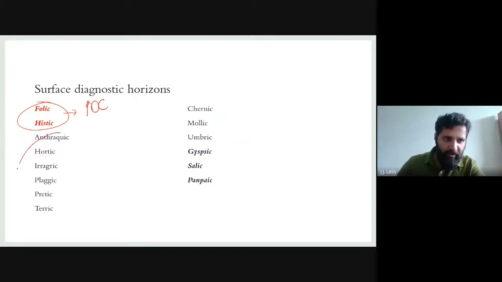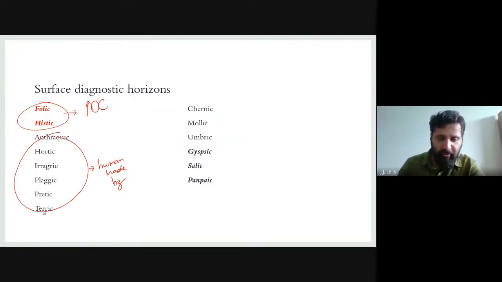We have the six related to human-made horizons. They are formed by men by the mixing of materials. We have these three horizons that present a moderate to high organic carbon content.